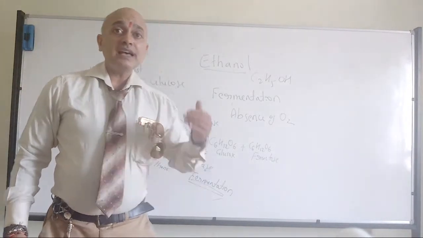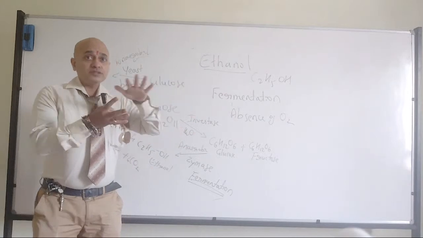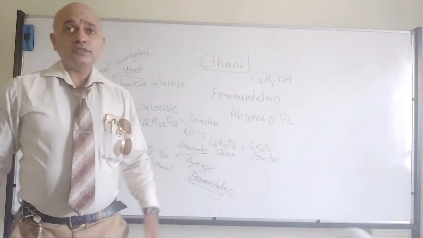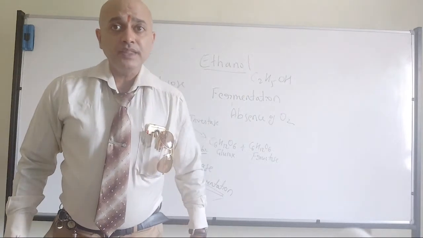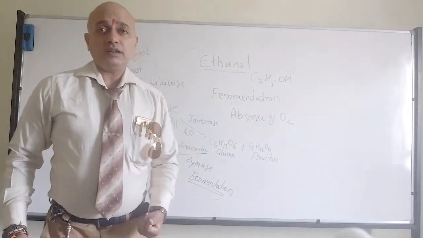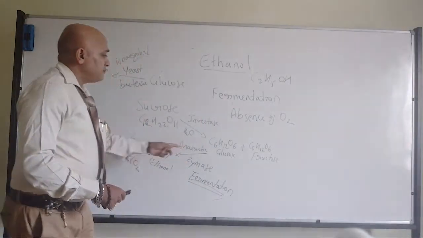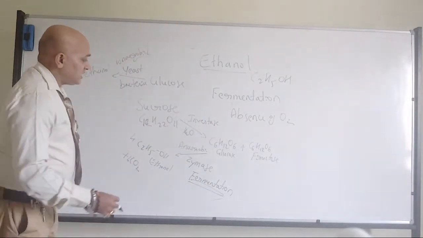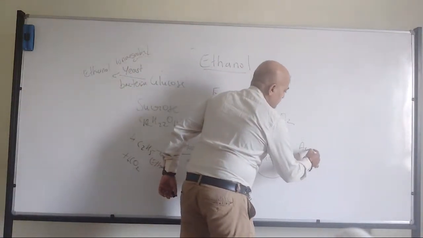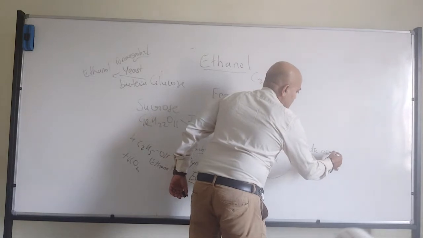Someone has forgotten to close the instrument properly. Some portion has been opened, so atmospheric oxygen is entering. Now what will happen? It will spoil the taste of the alcohol. Because when there is a presence of oxygen, there is a chance that partially there will be formation of acetic acid.